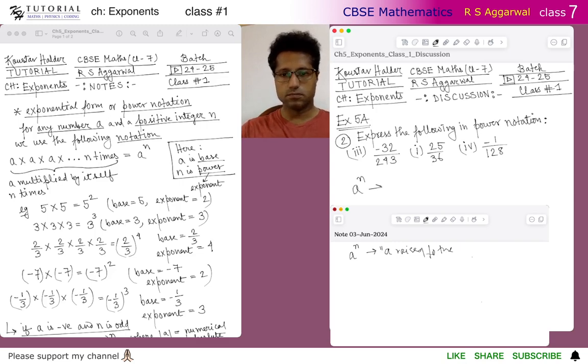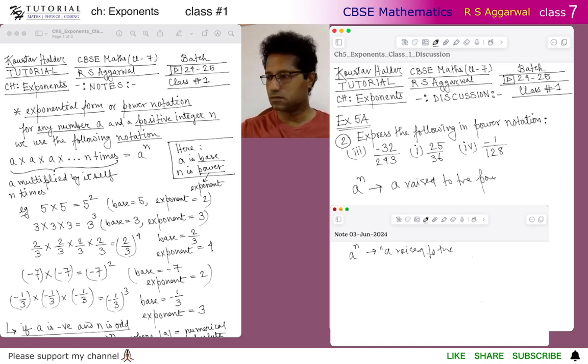This is read as a raised to the power n, where a is known as the base, and n is known as the exponent.